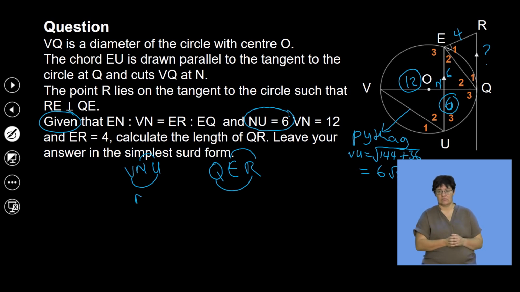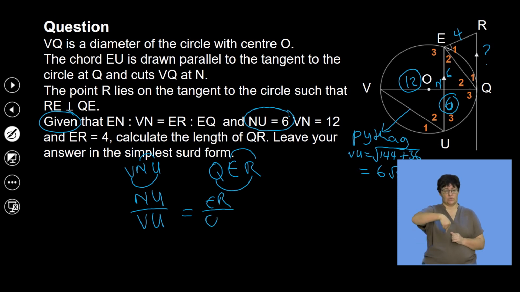So I said this will be NU over VU, which is equal to ER over QR. And then what do they want me to solve? Is the QR. So my NU, I know it because I was given it, it's 6 over my VU, which I just found now, which is 6 root 5.